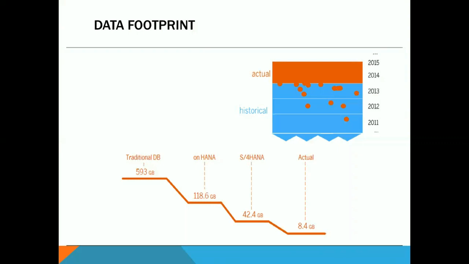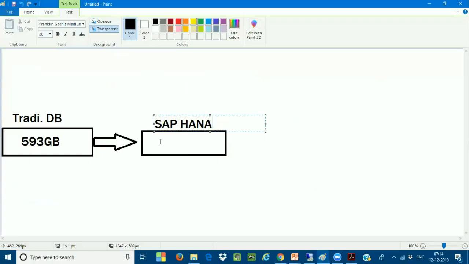Where is 593 GB of data, and where is 118.6 GB of data? That much compression I have done. You compress the data from 593 GB to 118.6 GB in the HANA database. That level of compression I'm going to be seeing here.